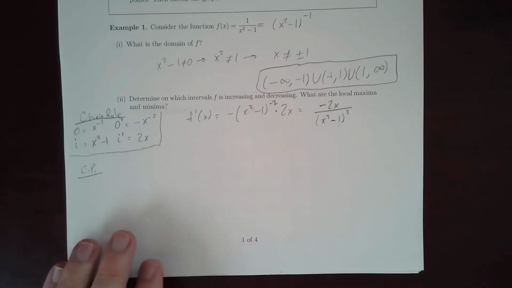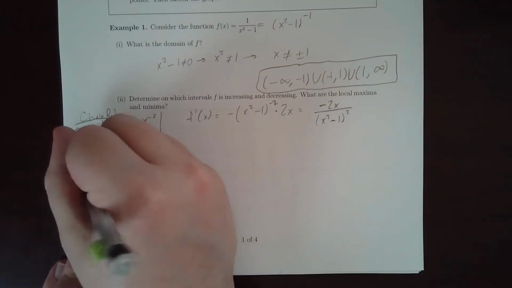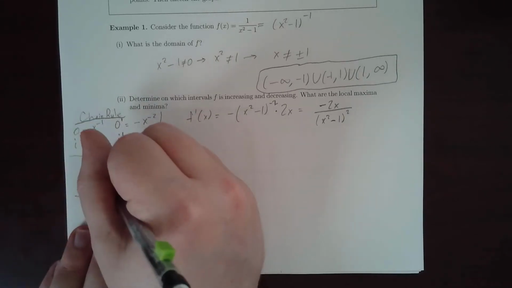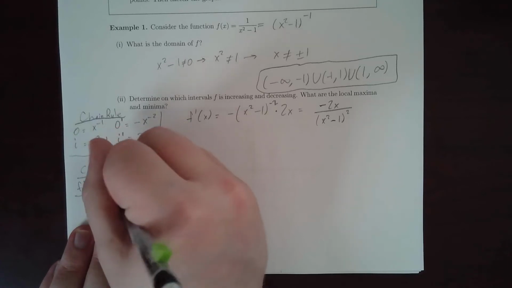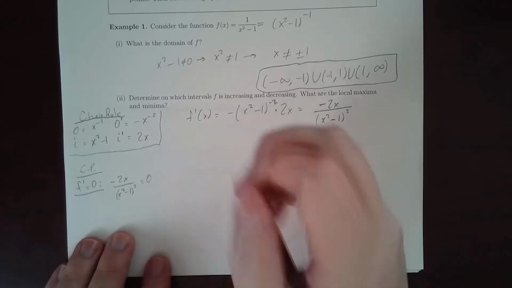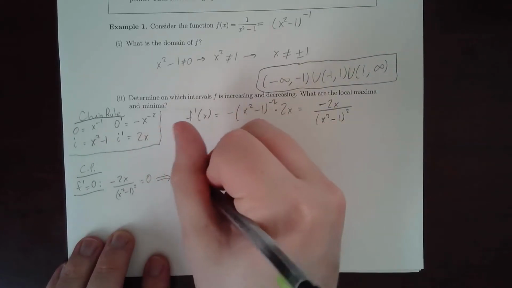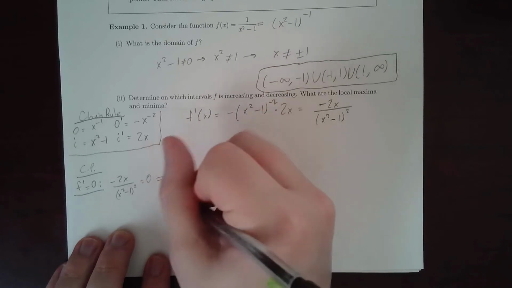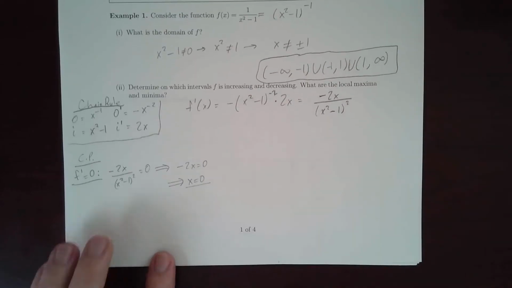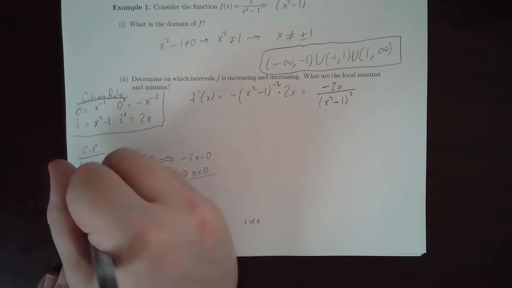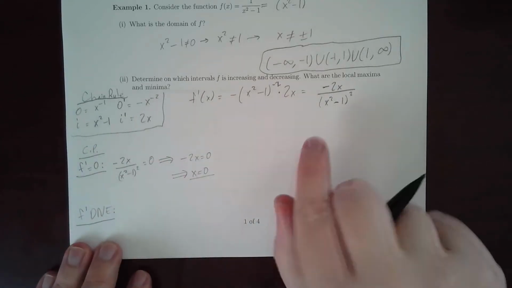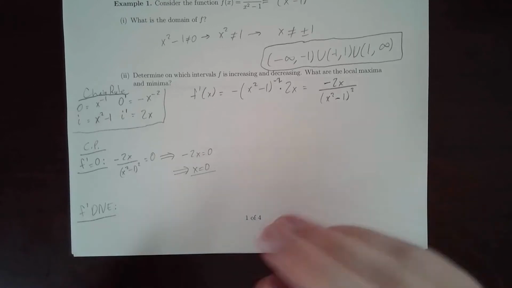In order to find those, we need to set the derivative equal to 0 for one of the options. So this would be negative 2x over x squared minus 1 squared equals 0. If we multiply this over, we're just going to end up getting that negative 2x equals 0, which would tell us that x equals 0 is going to be one of those critical points. We also want to look at where the derivative does not exist and what values we might have that could cause other critical points to happen.